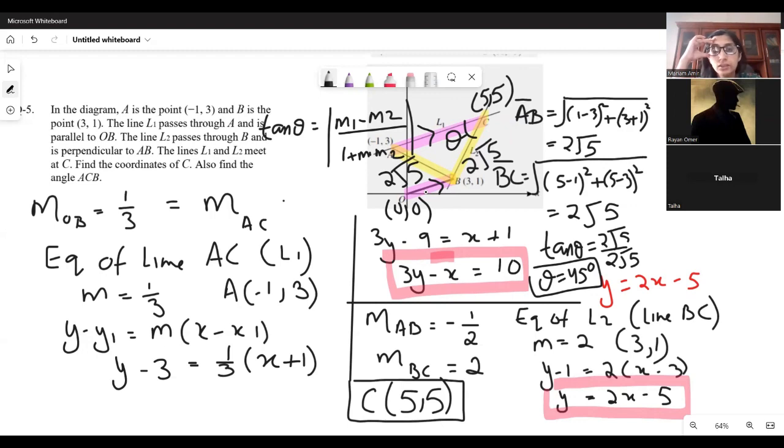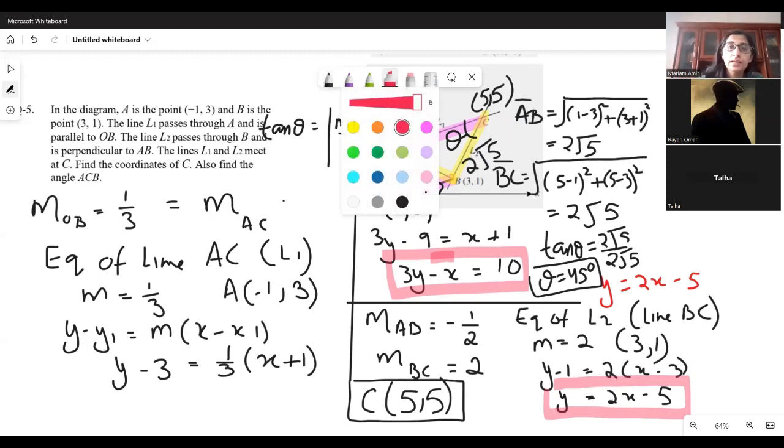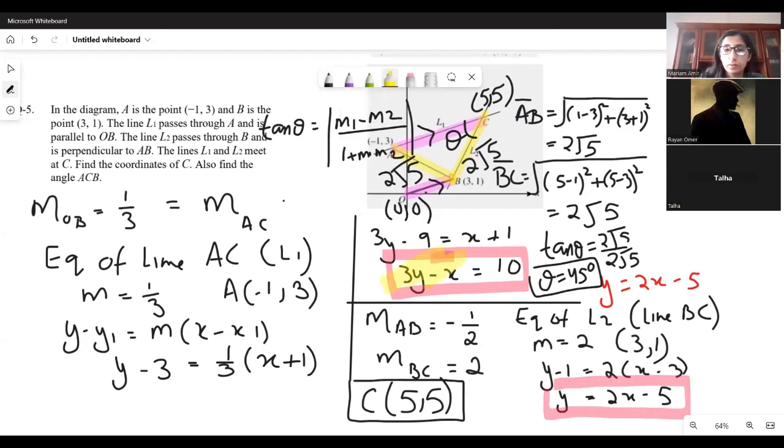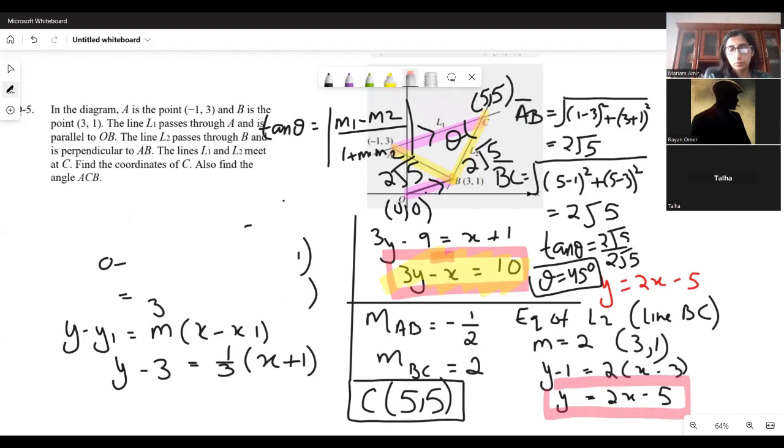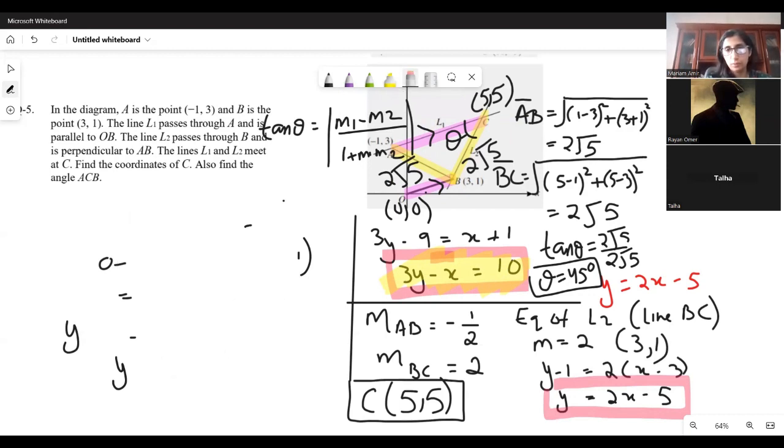Can you tell me the slope of line L1? इसका slope क्या है? What is the slope of line L1, the one I've highlighted in yellow? Miss 1 over 3. Yes, good. So let's say m1 is 1 over 3.